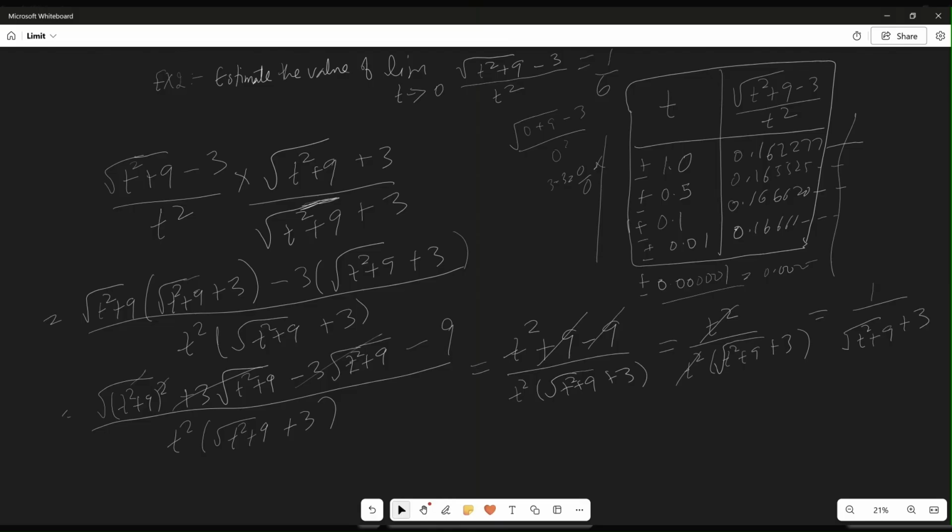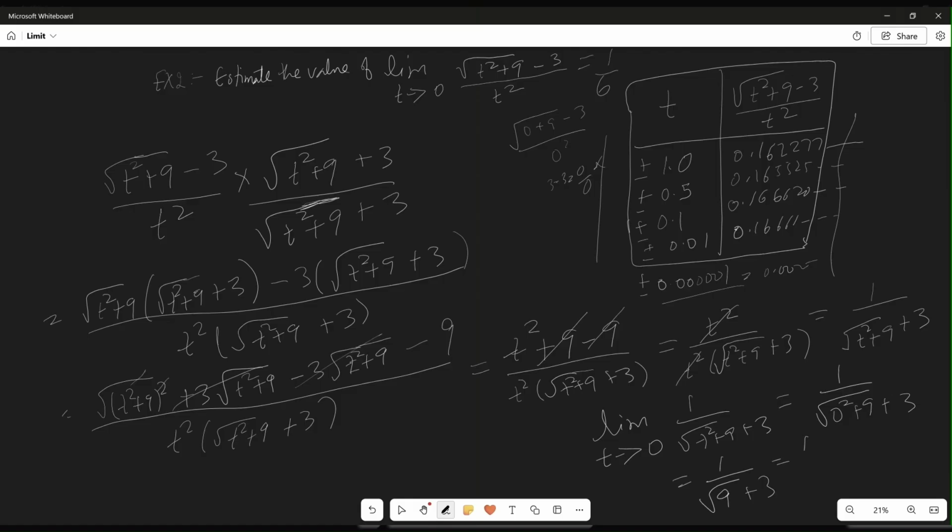And now let's see the limit of this function as t approaches 0, which is 1 over the square root of 0 squared plus 9, plus 3, which is equal to the square root of 9 plus 3.